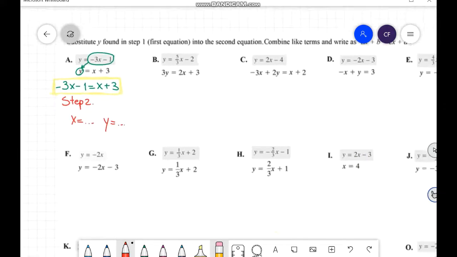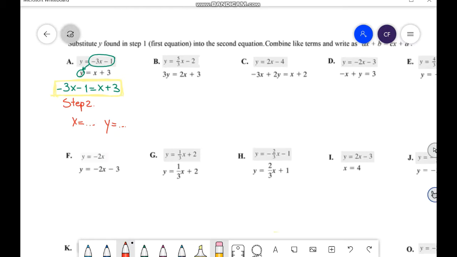Letter A is easy, but check for instance letter B. In letter B, you have 3y, and you have to plug in y here. You have to apply the distributive property. You have to multiply 3 times this. See, it's not as easy as letter A. Letter C is a bit more, not hard, but a bit more to do.